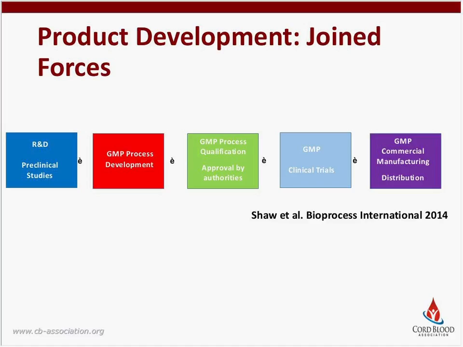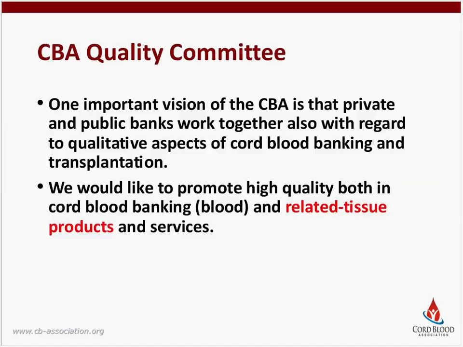And therefore, in the CBA Quality Committee, we would like to share the important vision of the CBA that the private and public banks work together also on quality issues for the development of new products, and also, of course, for qualitative aspects of cord blood banking and transplantation, since cord blood banking will in the future extremely influence whether we are able to perform regenerative medicine as a broad word.